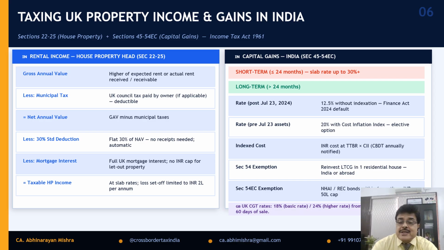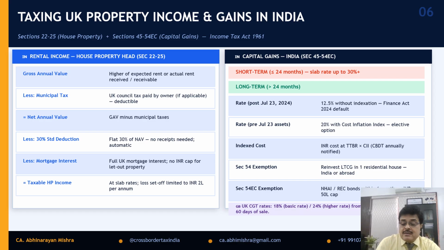And then Section 54 exemption is available. You can reinvest the LTCG in one residential house, India or abroad. And Section 54EC exemption is there if you purchase NHAI or REC bonds under Section 54EC within 6 months.